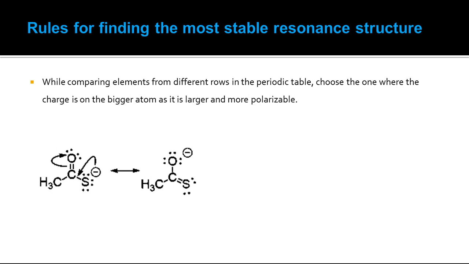Here we have this example, CH3 C double bond O S minus, but if you make C double bond S, then C single bond oxygen with the negative charge, this will be more stable, because oxygen is from the second period and sulfur is from the third period. So that is why you have to give more importance to the bigger atom, because it is larger and more polarizable.